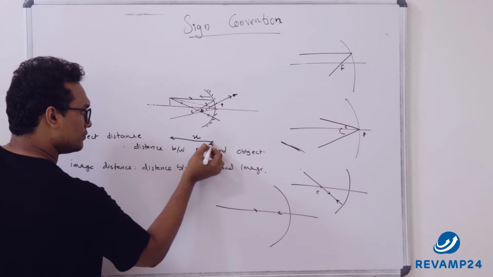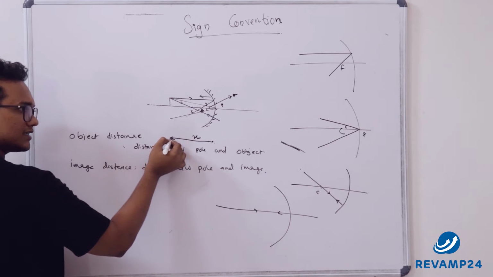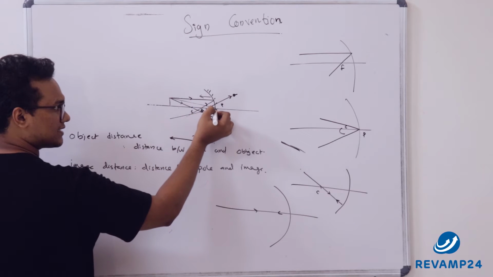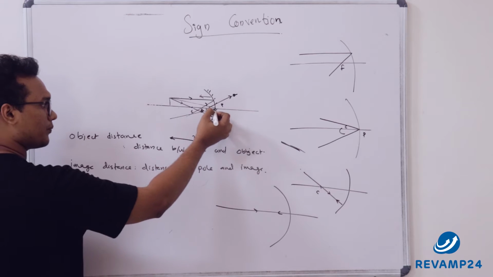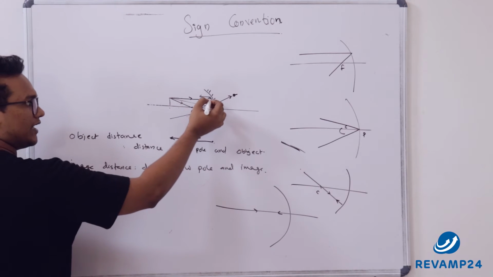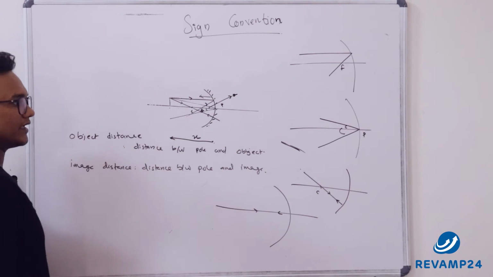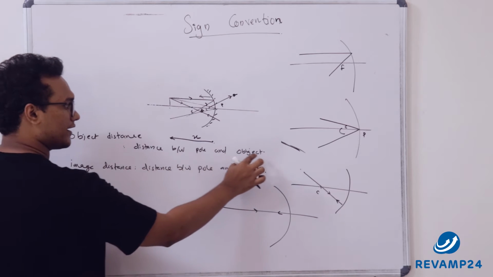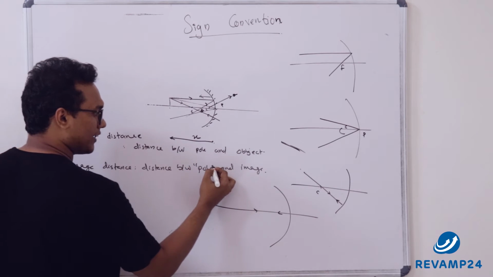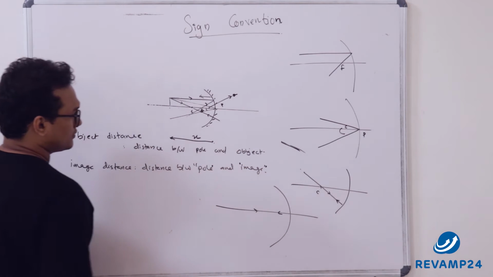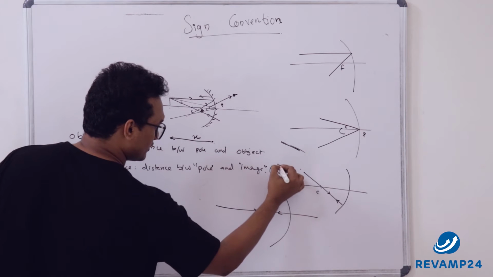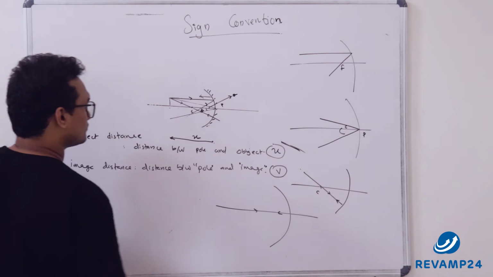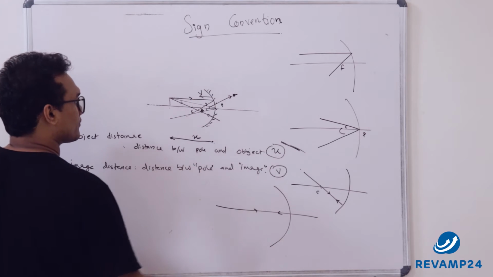Object distance from pole to object. Image distance from pole to image. Between pole and object, between pole and image. That is represented as V. Here it is U. So here it is V.